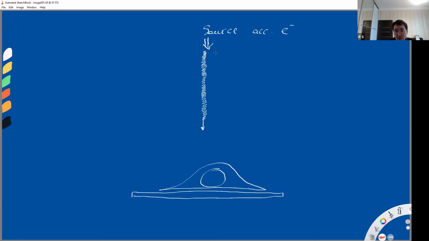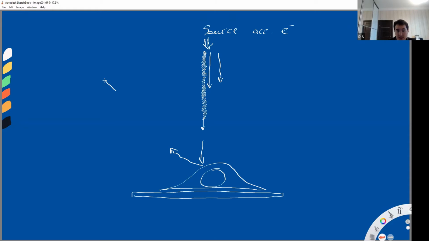So these beams also come to the sample, and some of them, because of the structures in this sample, are being scattered or reflected.